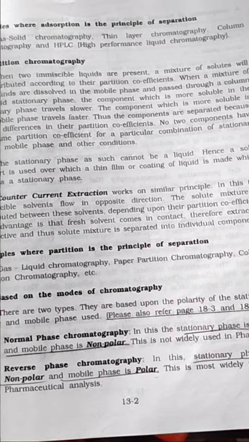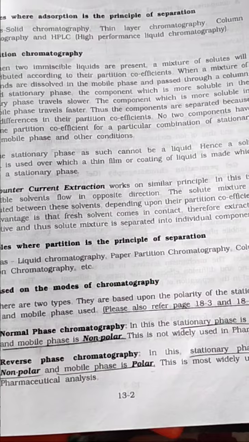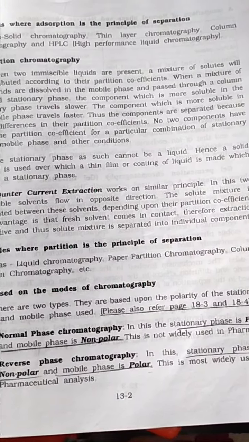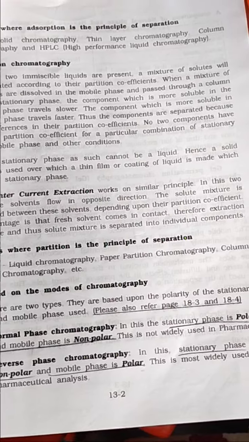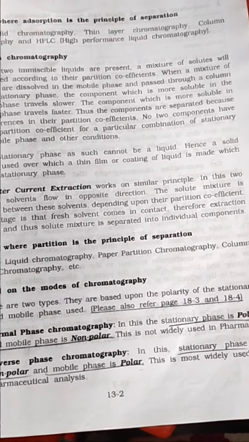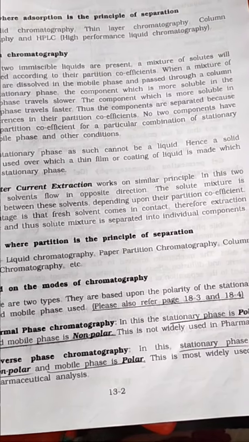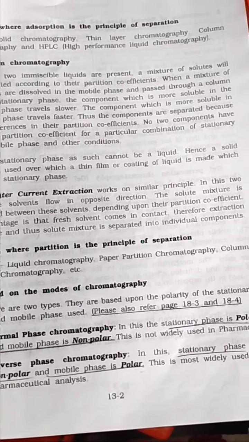Counter current extraction works on a principle. In this, two immiscible solvents like oil and water flow in opposite directions. The solute mixture is distributed between the solvents depending upon their partition coefficient.